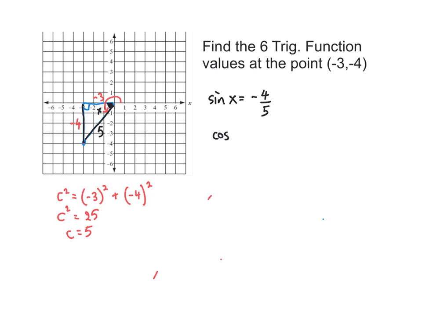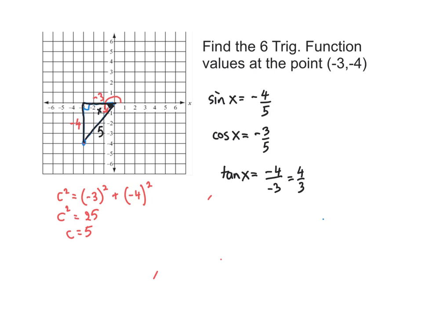Cos x will be the adjacent side, negative 3 over 5. And tan x will be opposite over adjacent, so negative 4 over negative 3, which is 4 over 3.